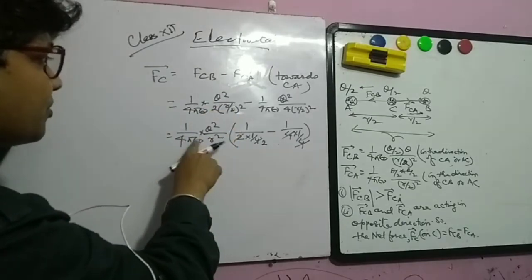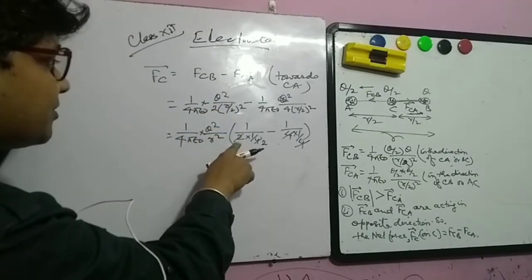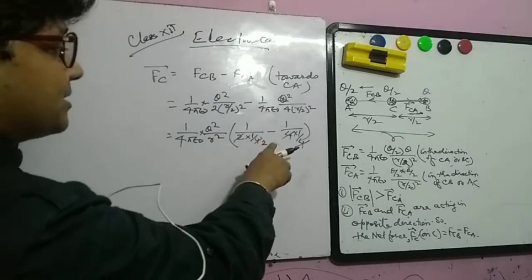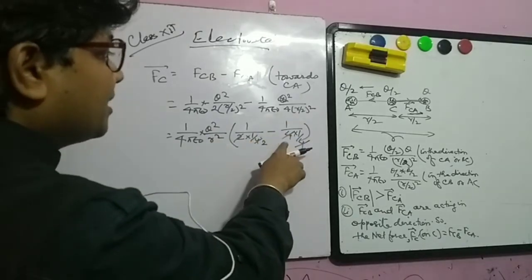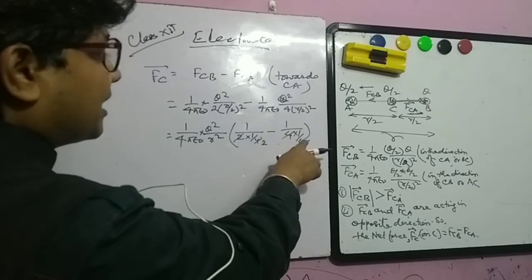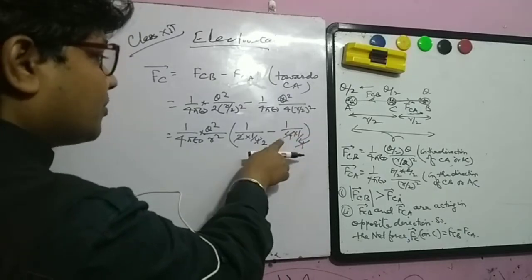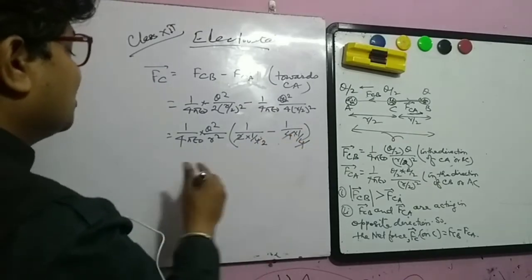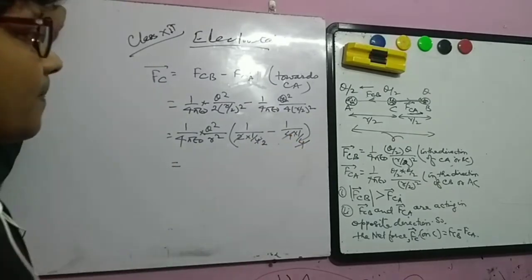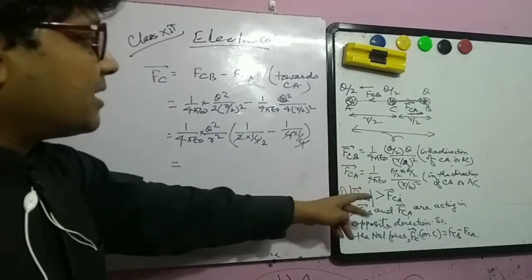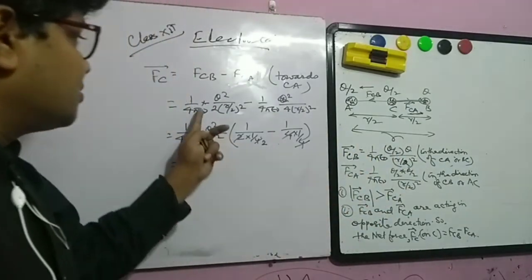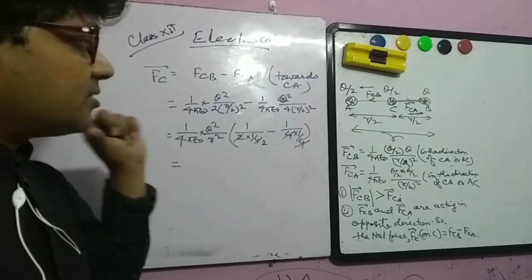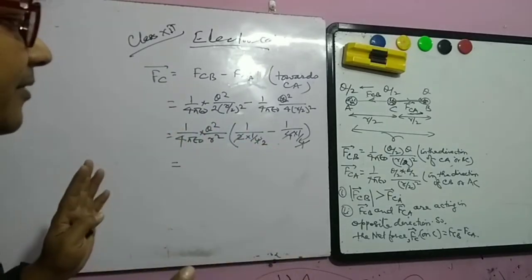The 1 by 4 gets cancelled, and this is 2, so 2 minus 1. I hope this is the correct calculation. The same thing we are getting, right?